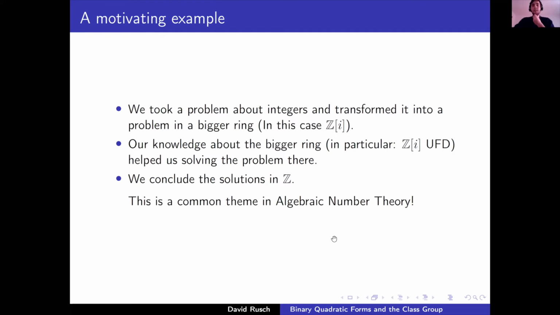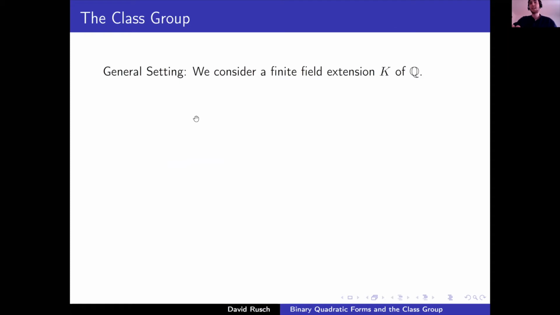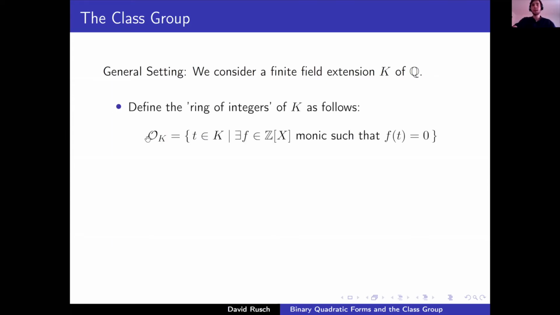So there's quite a unique construction of rings that lead to desirable results. So the general setting is we have a finite field extension K of Q, and then we define the ring of integers of K. We call it O_K.